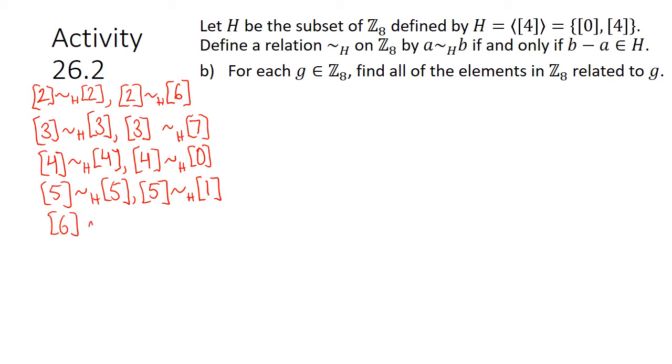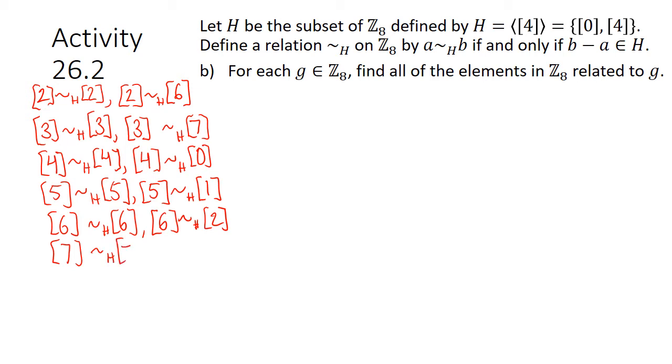Okay. And then let's do 6. So that's related to itself, and then what minus 6 equals 4. So 10 minus 6 equals 4, and then 10 is the same as 2 in Z8. I'm putting these backwards. I wanted to do it like this.